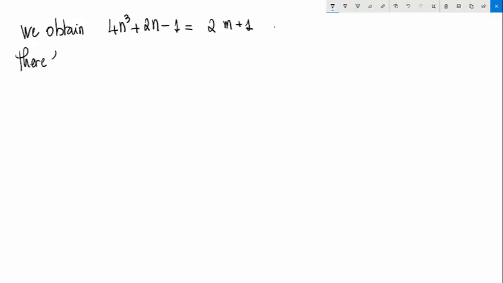Therefore, we conclude that 4n cubed plus 2n minus 1 is an odd integer.